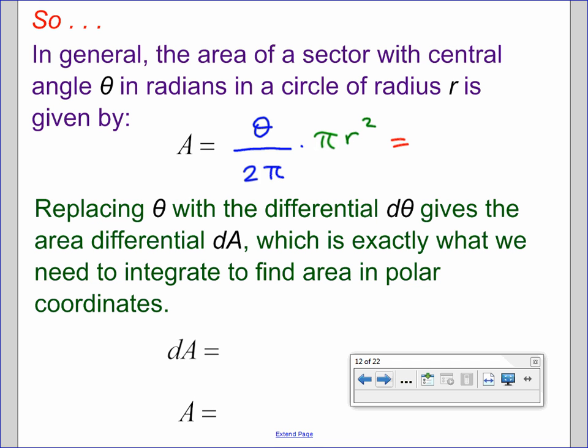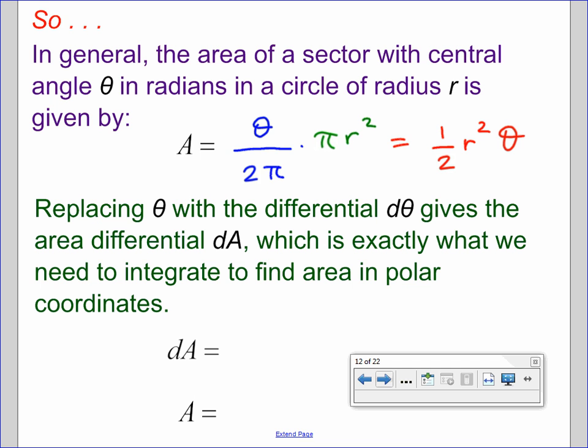Well, it equals 1/2 r squared theta. Can everybody see that? We can divide the pi's out, and that becomes 1/2 r squared, and then times theta, where theta is the measure of my central angle in radians.